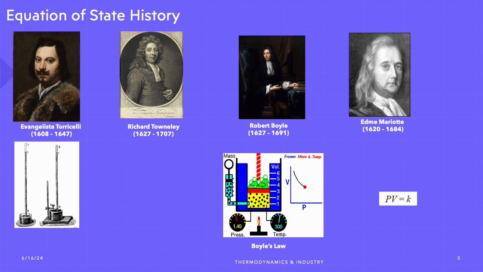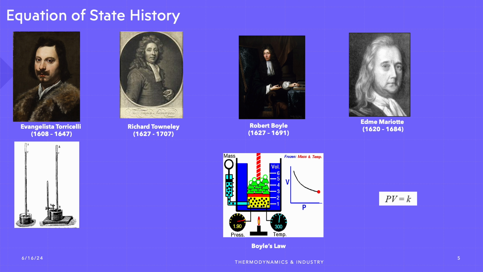That's cool. Henry Power and Richard Townley in 1661 used the barometer to measure the pressure of air at different altitudes. As a result, they recognized there is a relationship between the density of the air and its pressure. Power eventually published the result in his book called Experimental Philosophy in 1663.